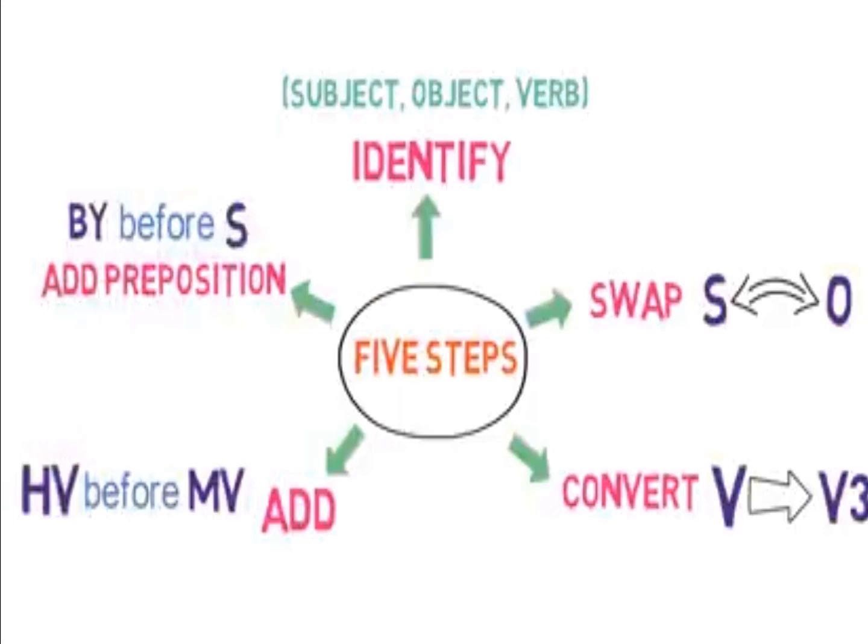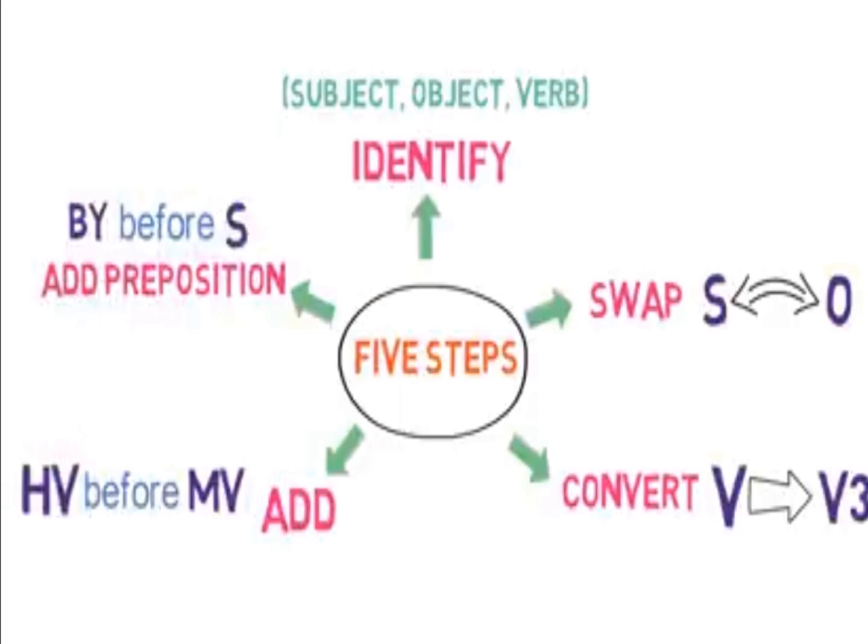Alright, now the fourth step, that is, a helping verb should be there before the main verb. For example, I gave you the example of take right now, isn't it? I gave you the example that if it is took, then we have to write down the past participle form of the verb. If we are taking taken, so the helping verb we have to take with it is was. Why?